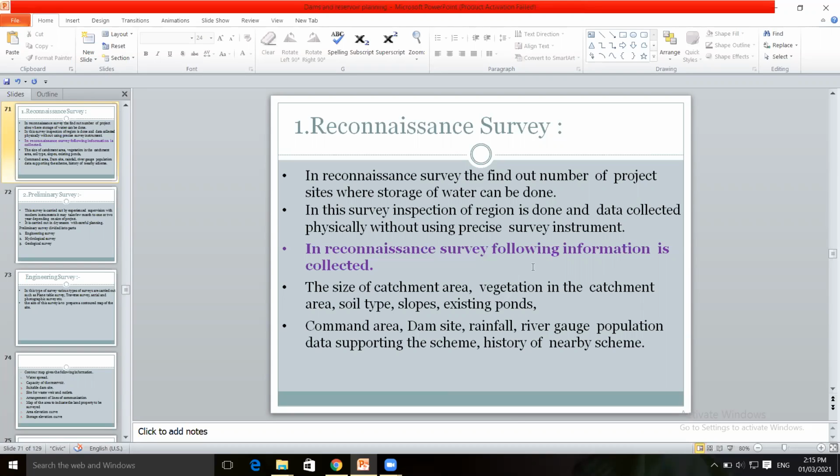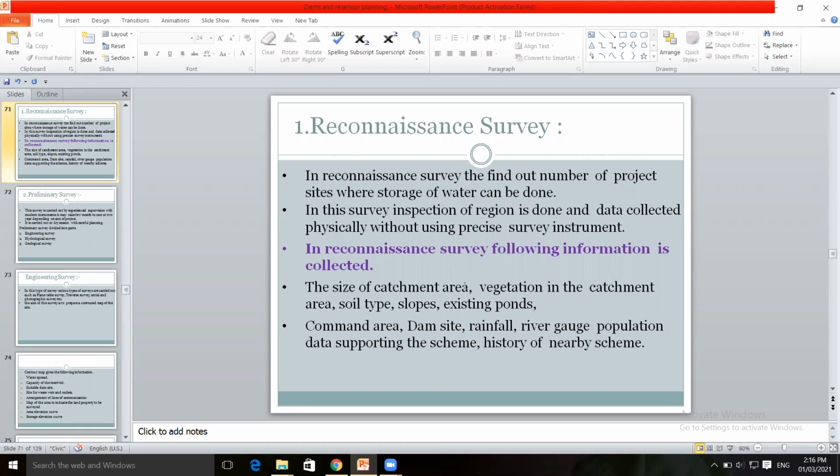So this type of survey is done to collect various information like size of catchment area, vegetation in the catchment area, type of soil, slope of the ground, existing ponds or lakes, common area, site of the dam, rainfall in that area, river gauge, population data, and history of the nearby scheme.